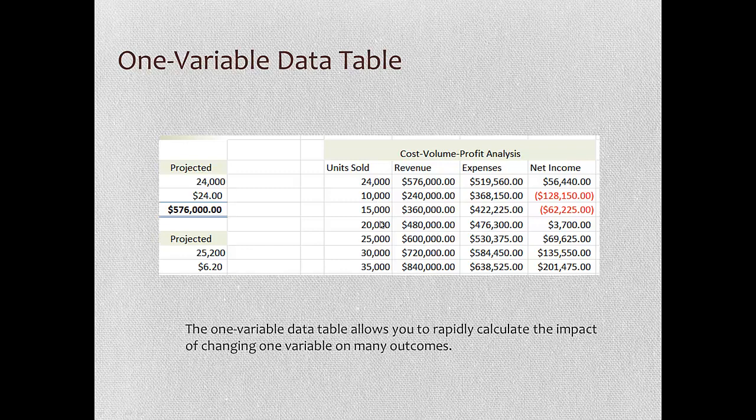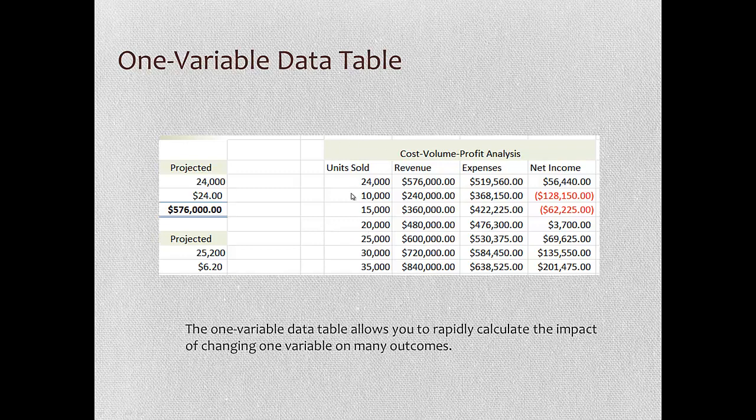So you can see different levels of sales here from 10,000 all the way up to 35,000. And I can see the impact of those different sales figures on revenue, on expenses, and on net income.